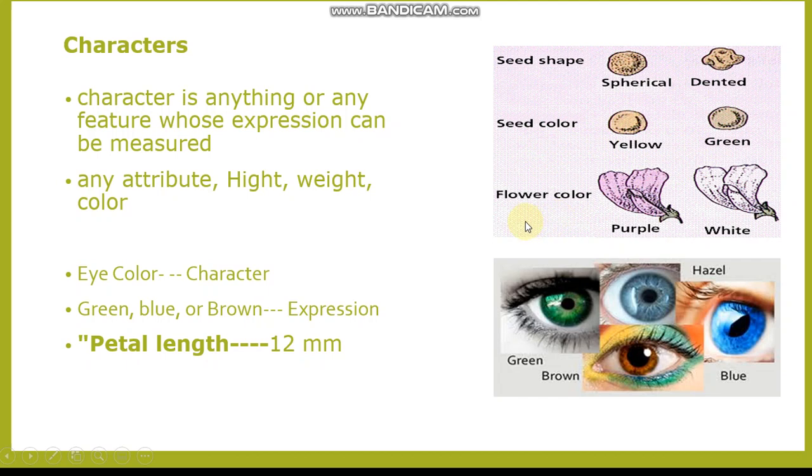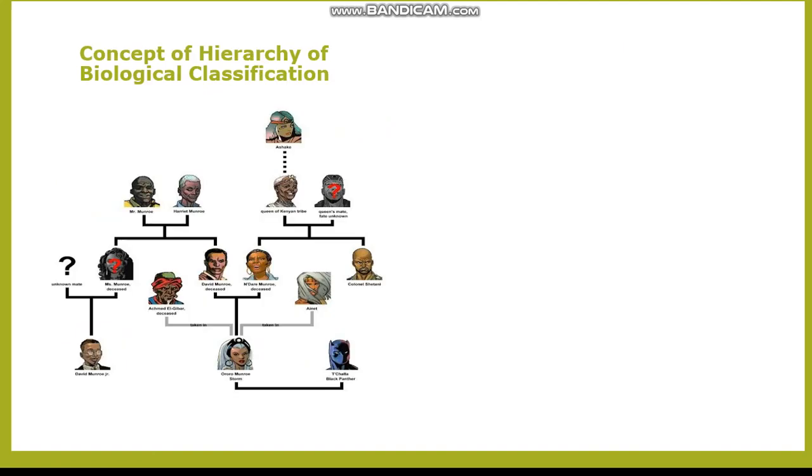The flower may be purple, or it may be white. So these are the characters of the pea plant and these are the expressions of those characters. That's why we define a character as any feature of an organism whose expression can be measured. Anything in an organism which we can measure is its character, and we classify organisms based on characters.